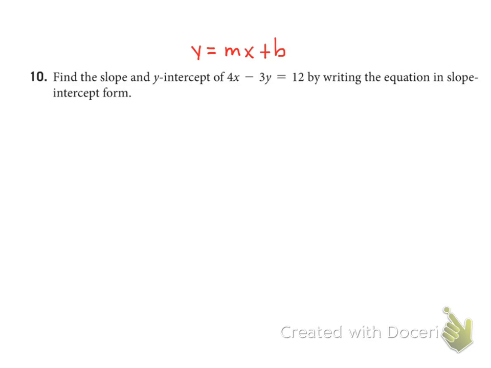You add it to get the... wait, I'm sorry? No, you can't add the 3y, can you? You could, but there's probably a better way to go. Subtract the 4x. Let's subtract the 4x.